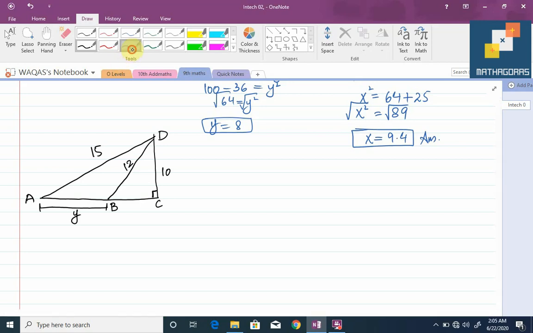Now first step for this question, identify right angle triangles. So if I highlight right angle triangles, there are two. One is ACD, a right angle triangle. The other is a small one, that is BCD. So first step is to highlight the right angle triangles, and it will be good if you plot them so it is more convenient to solve the question.